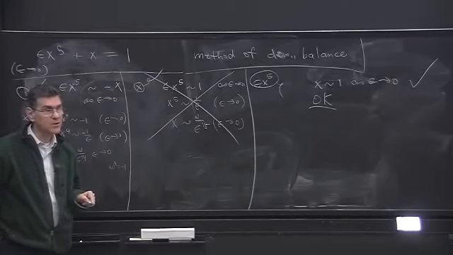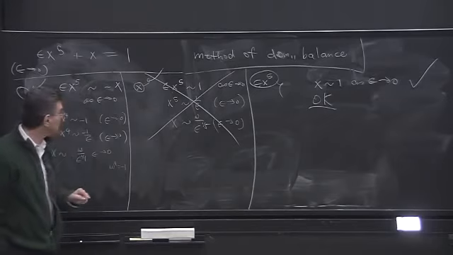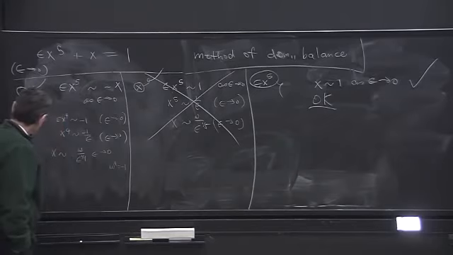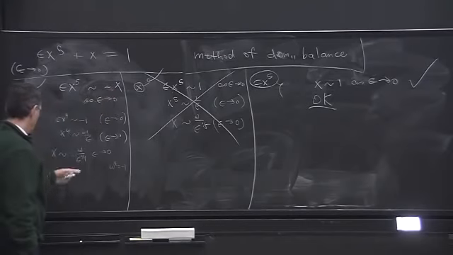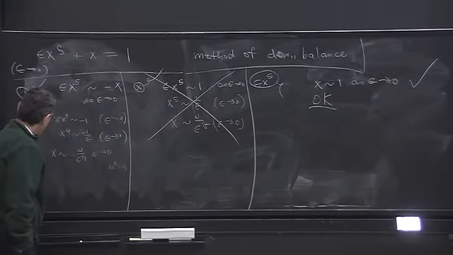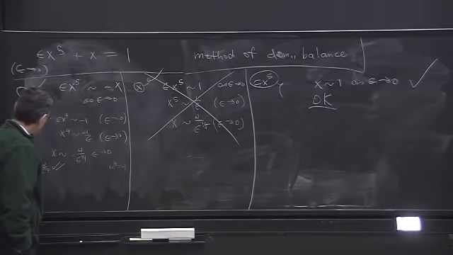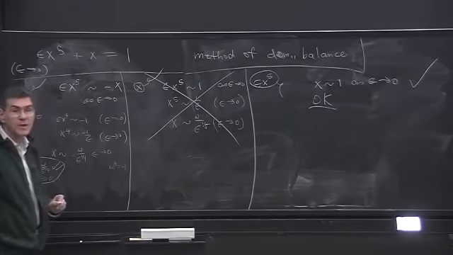Was that valid? Yes. It is true that 1 is negligible compared with x, which is of order 1 over epsilon to the 1/4. This is a valid equation as epsilon goes to 0. That's perfectly okay.